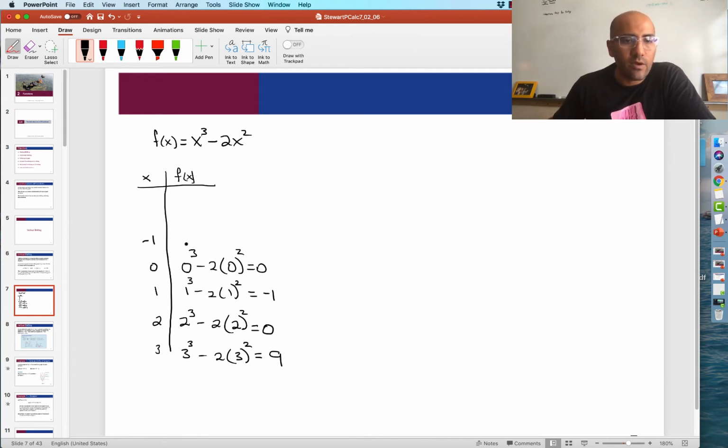Okay, we can also try some negative values. Let's try a negative 1. If we do that, we get negative 1 cubed minus 2 times negative 1 squared, which is going to be negative 1 minus 2. Negative 1 minus 2 is negative 3. Okay, so we can try different values, and if we plug in a negative 2, we would just evaluate it at that point.